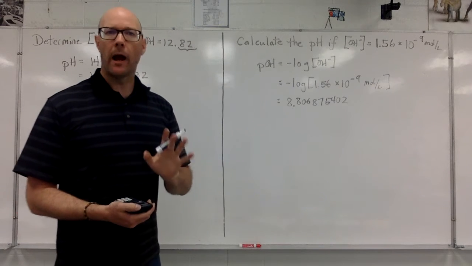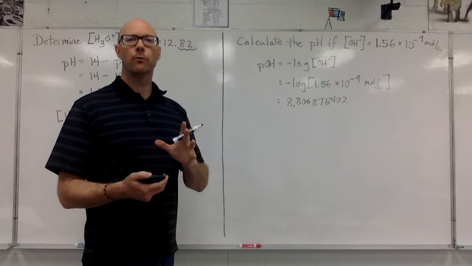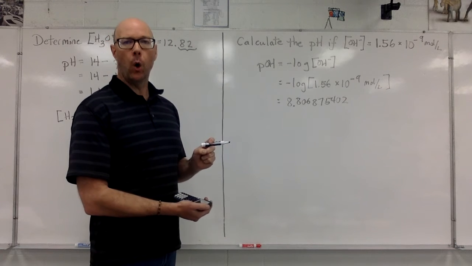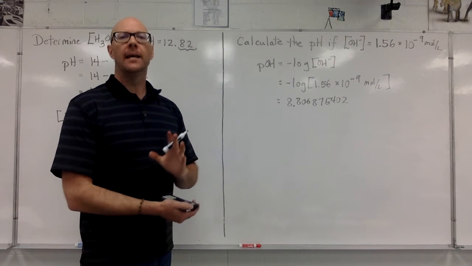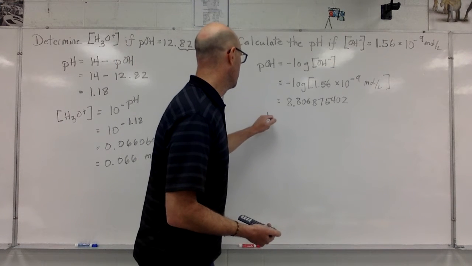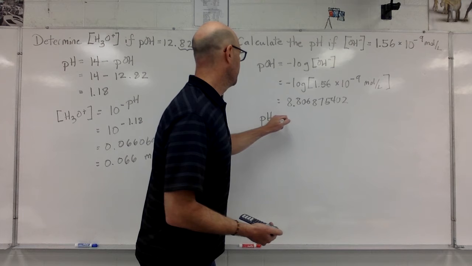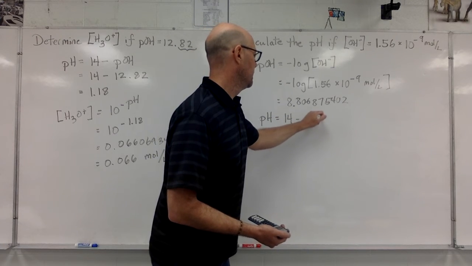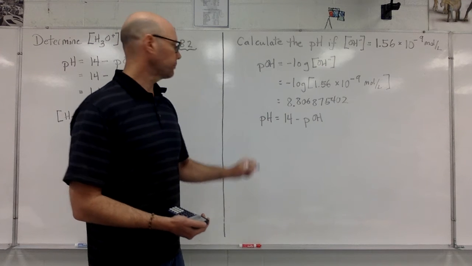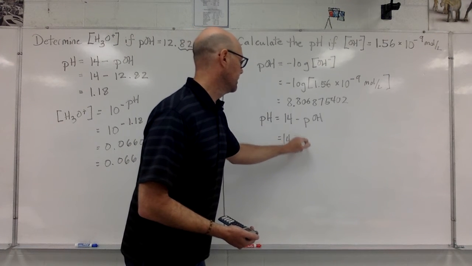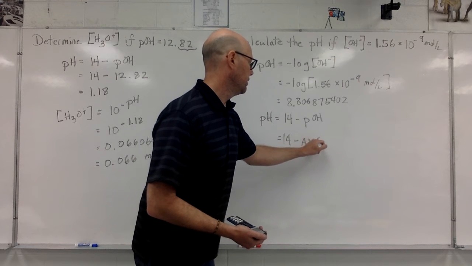I want to avoid rounding at this point. I want to save any rounding until I reach the very end of the question. I have the pOH now. I need to convert that into pH. The pH is equal to 14 subtract the pOH, which here is 14 subtract this answer.